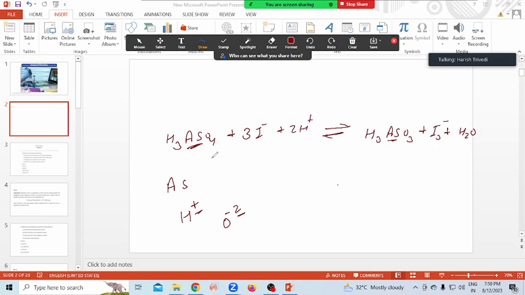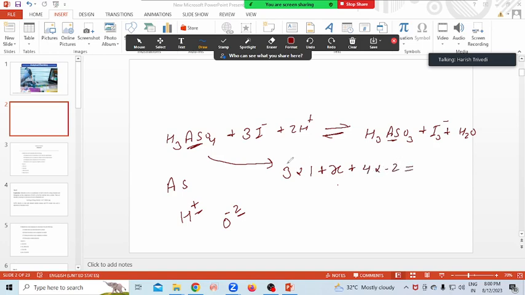So for this compound we can find the oxidation state. Hydrogen is plus 1, and there are 3 hydrogen atoms, so 3 into 1, then X for arsenic, because I don't know which oxidation state it is. Oxygen is minus 2, and because 4 oxygen atoms are there, 4 into minus 2.